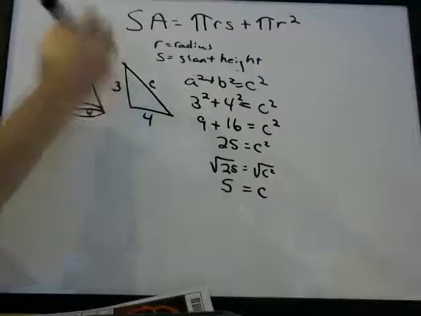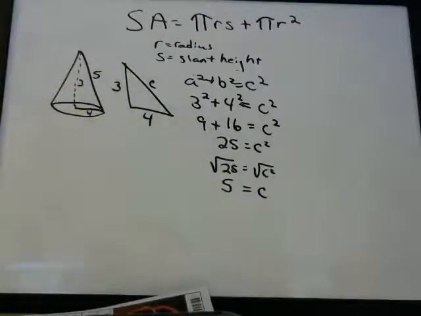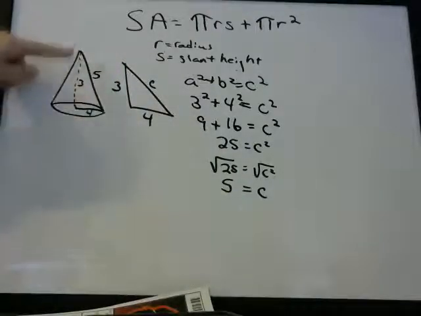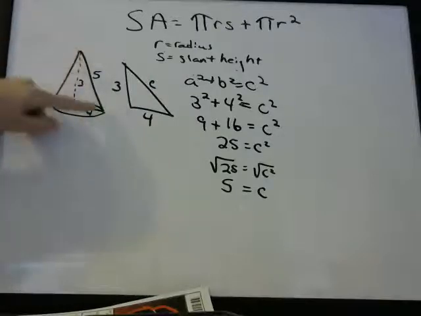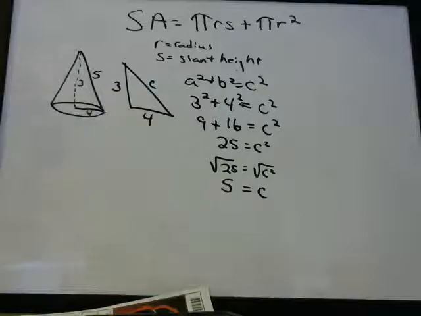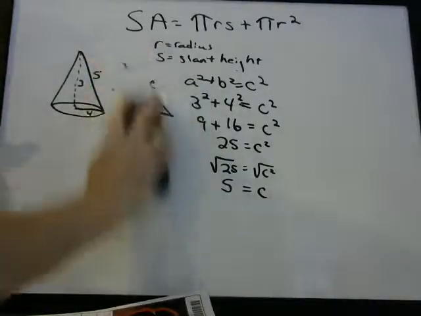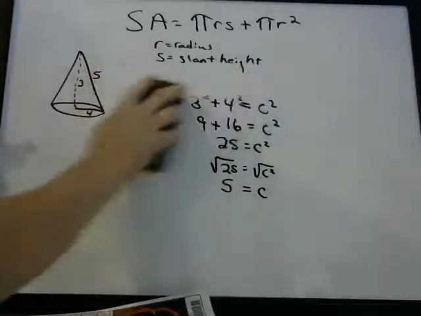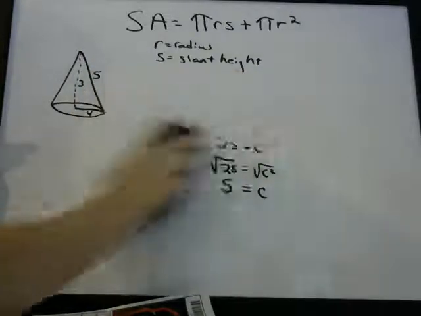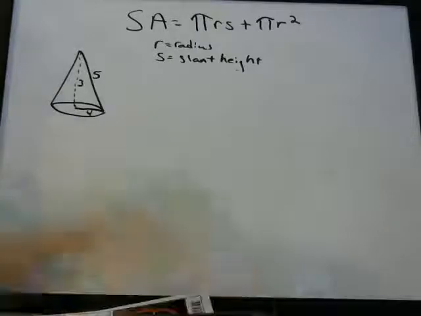That's our slant height. So we use the Pythagorean Theorem. If we're given the height, we use the Pythagorean Theorem to get the slant height. So now that we have the slant height, we just follow our normal steps, like we have on all of our other problems. Plug it in to the formula.